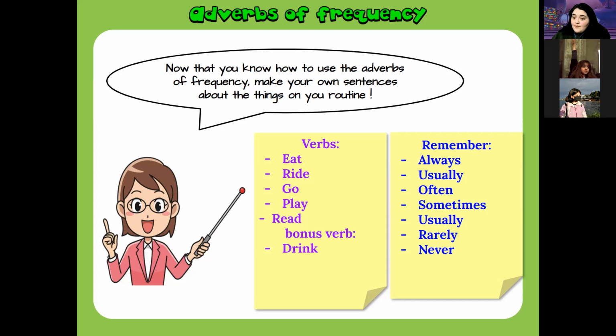And always remember to use all your adverbs of frequency. You can use one for, I don't know, I always eat breakfast, or you can use another like I often go to the gym. You can use one per verb or whatever adverb of frequency you feel comfortable using.